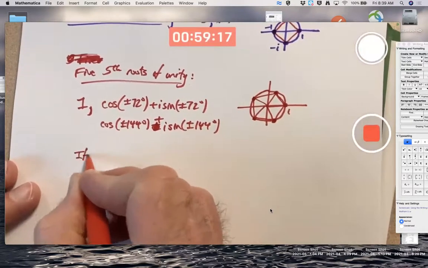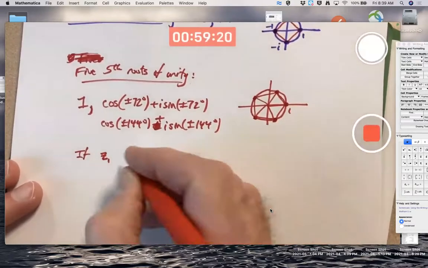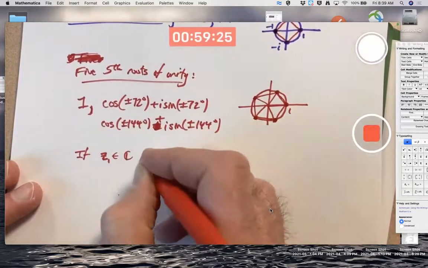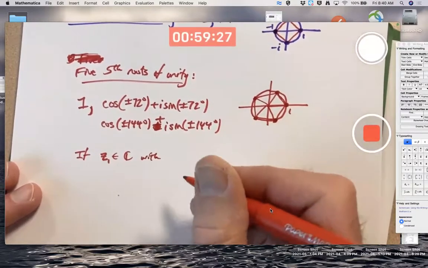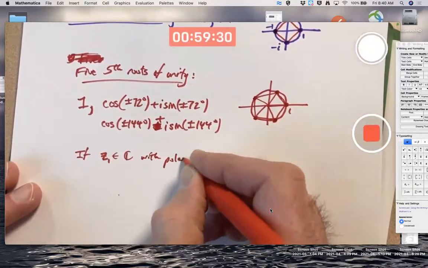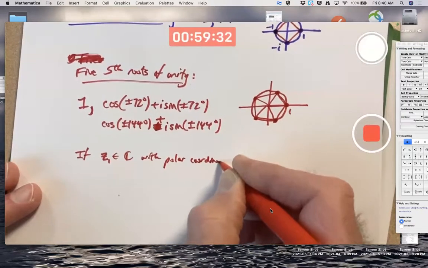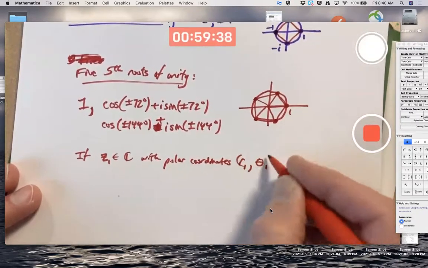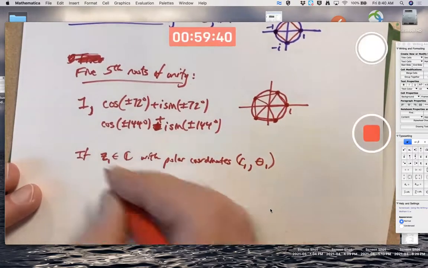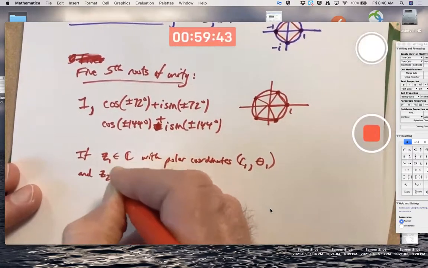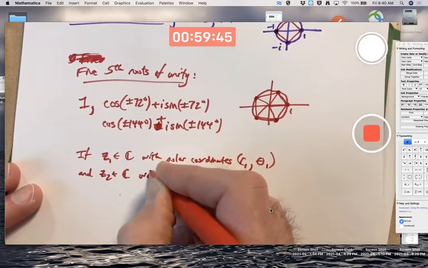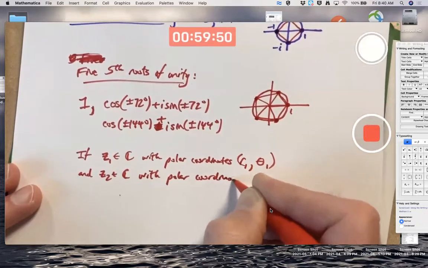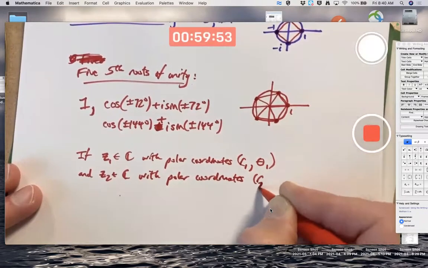If z1 is a complex number with, well, polar coordinates r1 and theta 1, and z2 is another complex number with polar coordinates r2 and theta 2.